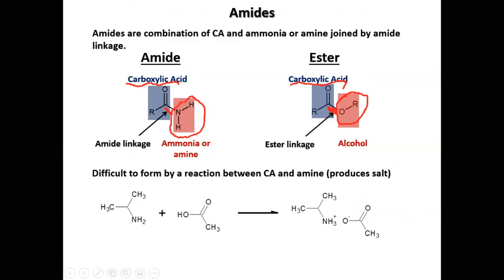And you may say, why can't we just take a carboxylic acid and an amine and get our amide? The reason is when you react a carboxylic acid and an amine, you get a salt. You don't get an amide. So that's no good. So we have to come up with a different reaction scheme to make an amide from an amine.